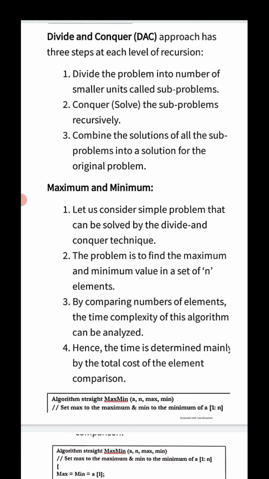First step: let us consider a simple problem that can be solved by using the divide and conquer technique. Second, the problem is to find the maximum and minimum values in a set of n elements, in an array.